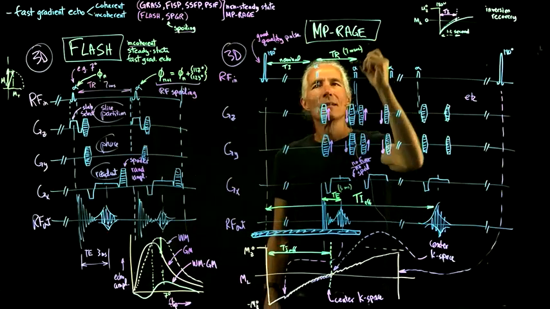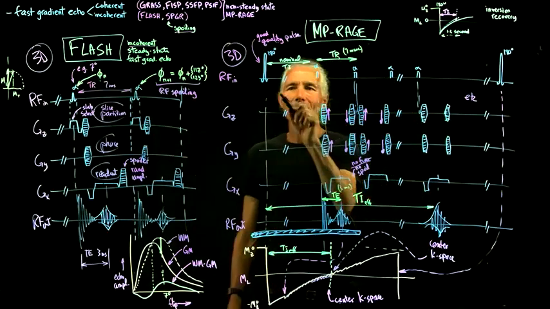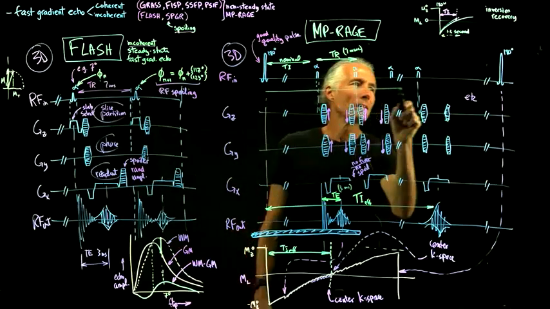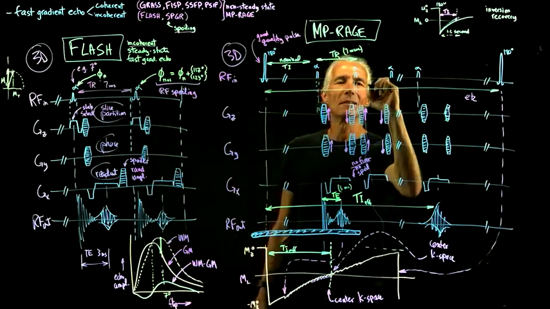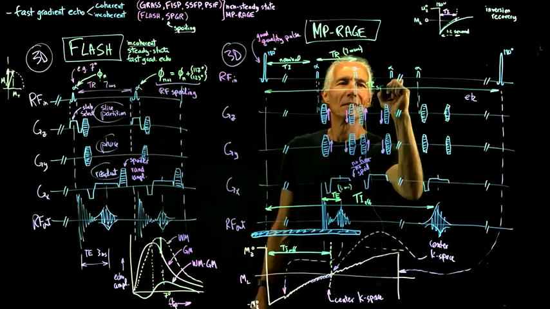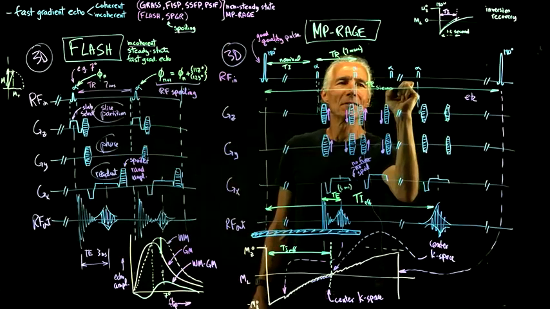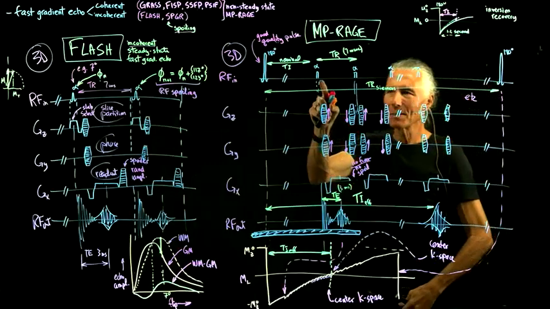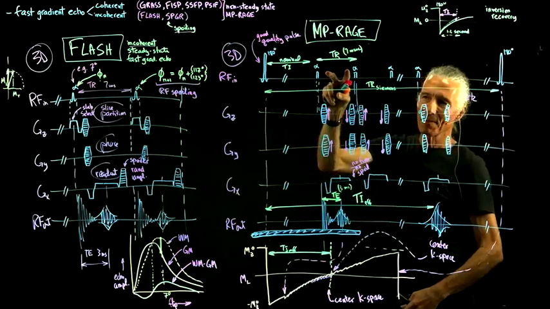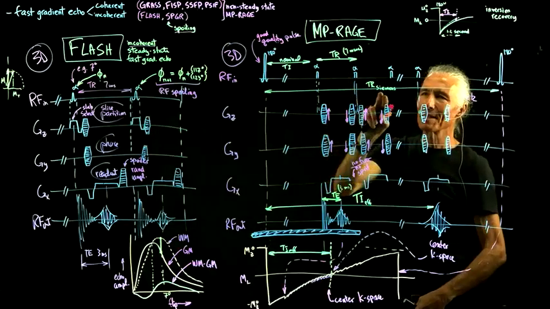But what Siemens calls the TR is this time. So this is TR Siemens. So it's not really the TR. The TR really is the time between these alpha pulses, but that's what they call the TR.